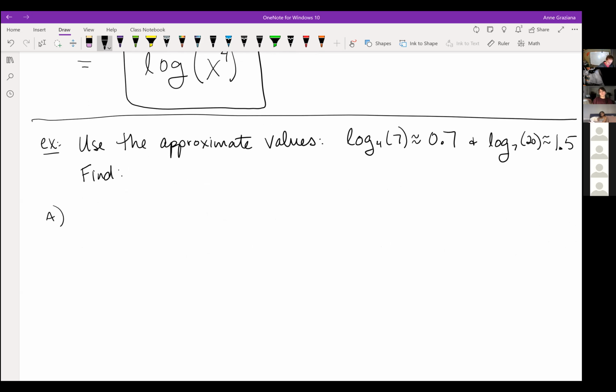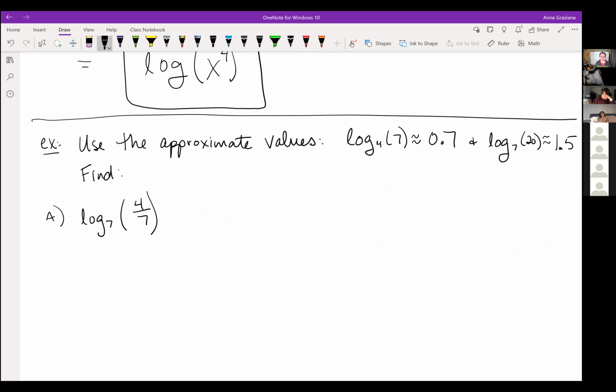So here's A. Log base 7 of 4 over 7. Okay. Now here's the thing. You cannot just plug these in. You have to get things expanded first.